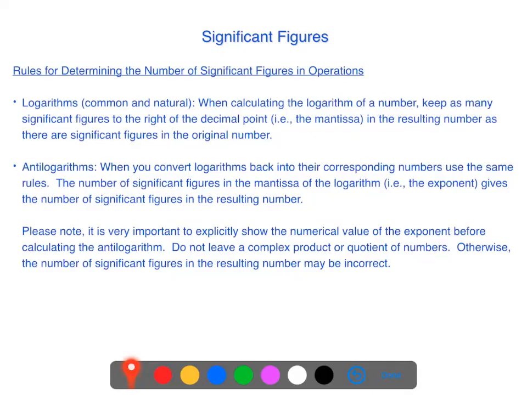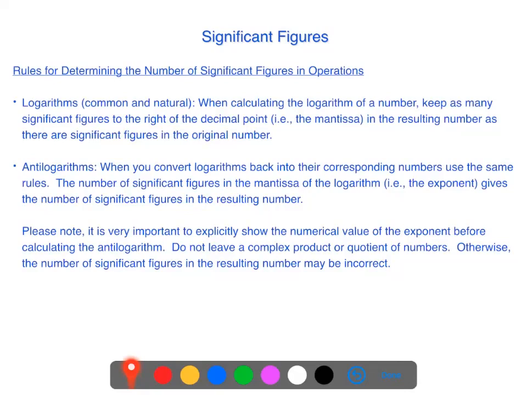For anti-logarithms, so when you're converting the logarithm back into the corresponding number, we use the same rules. So the number of significant figures in the mantissa, that is the number of sig figs to the right of the decimal place in the logarithm, gives the number of sig figs in the resulting number. And so we'll go over a couple examples of that in just a moment.